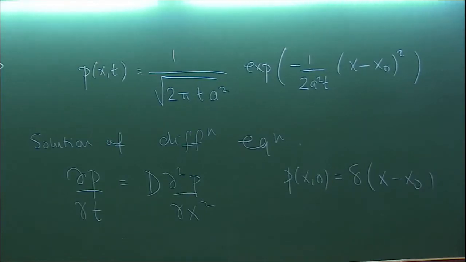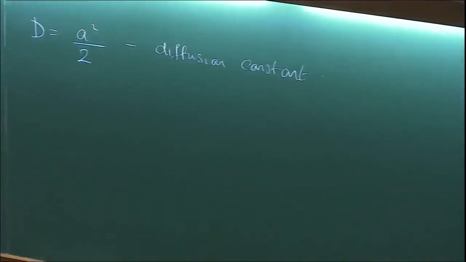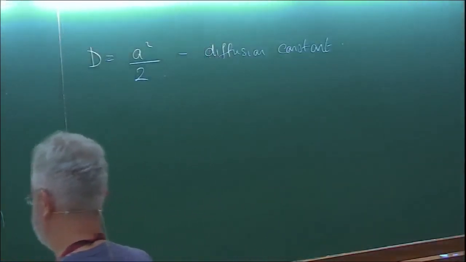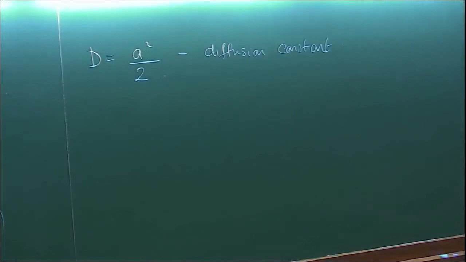A bit later on I'll say, when people first wrote down the diffusion equation, they didn't do stochastic calculus, did they? They used Fick's law and talked about the conservation of particles, so normally it's derived phenomenologically.